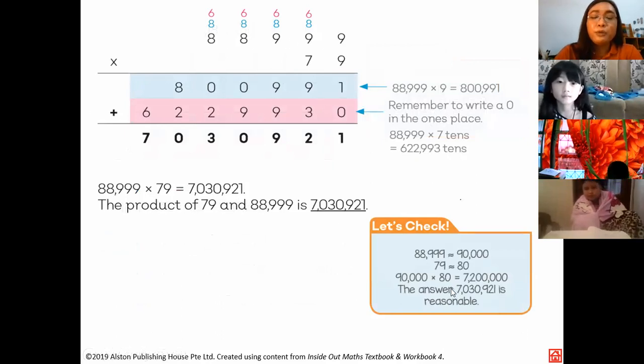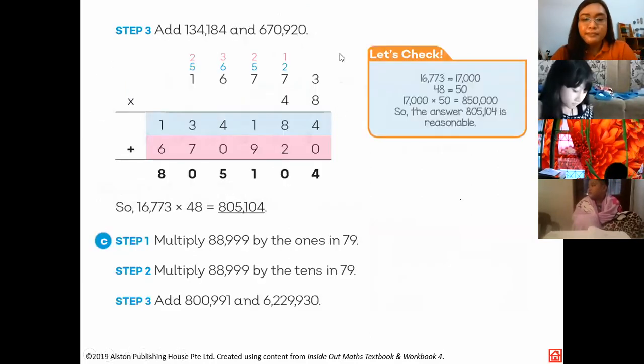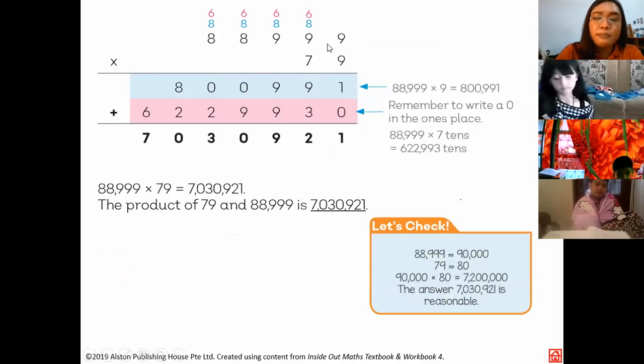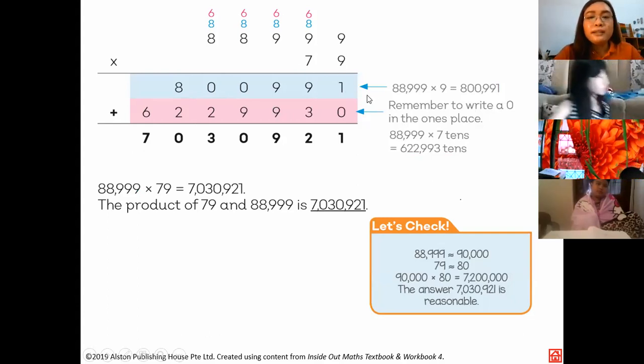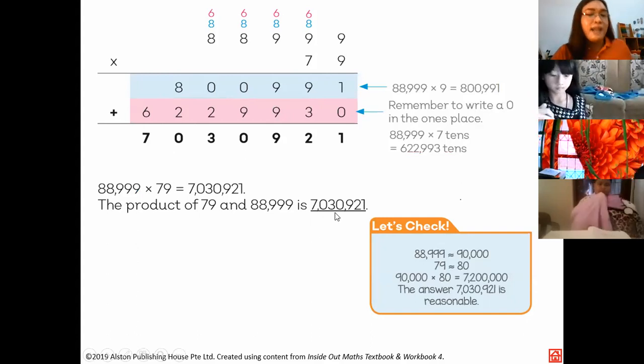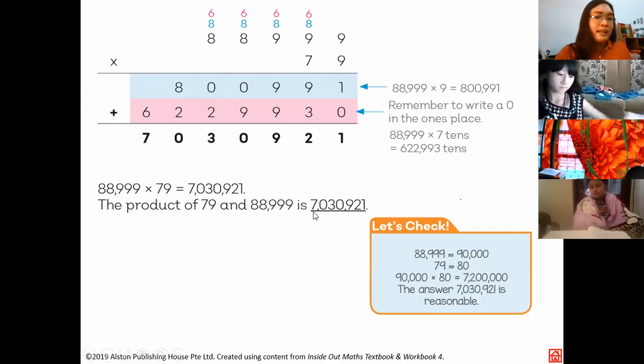You have to multiply first this number by the ones in 79, and then after that, multiply the number by the tens in 79, which is 7. Once you get the two products, you just have to add them, so you can get the answer, which is 7,030,921.